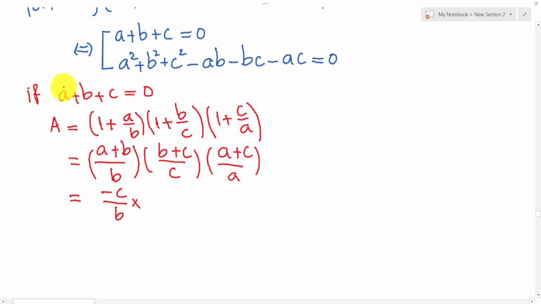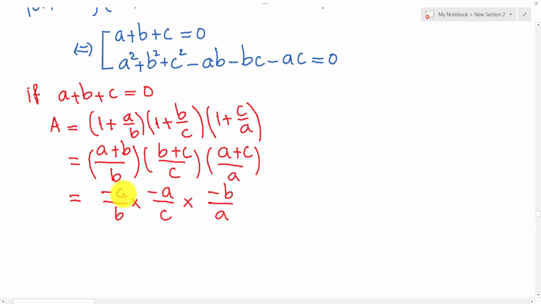If I change a from the left hand side to the right hand side, we get minus a, so I replace it by minus a over c, multiplied by this (a plus c). I change b from the left hand side to the right hand side, we get minus b over a.